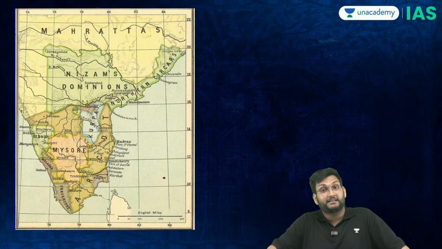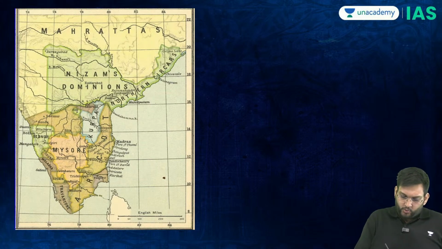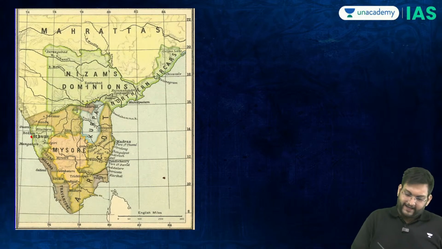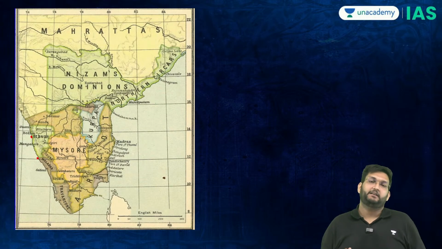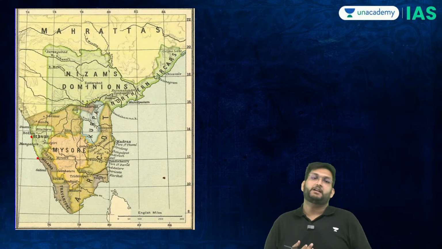Now the third Anglo-Mysore War was the most decisive one. And this is where the British came up with a very interesting plan. Now there are two territories held by the Dutch in this sector. One is called Jalkotal and the other one is called Cannanore.